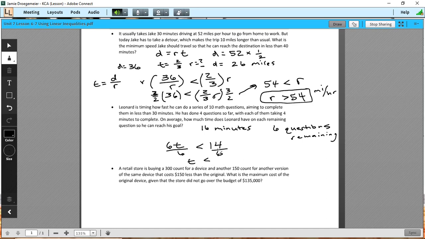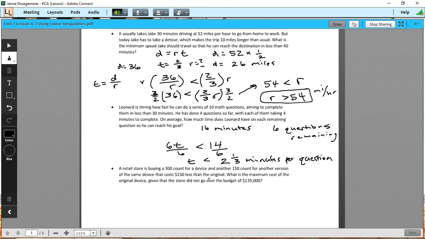And we would get 14/6, that simplifies to 7/3, and 7/3 as a mixed number would be 2 1/3 minutes per question is what he would have left. So since he was spending 4 minutes a question on those first 4, he only has 2 1/3 minutes per question on the remaining.